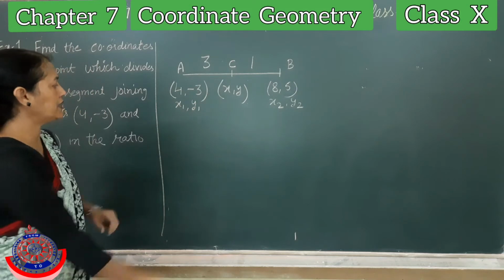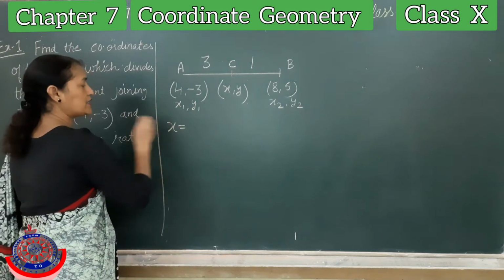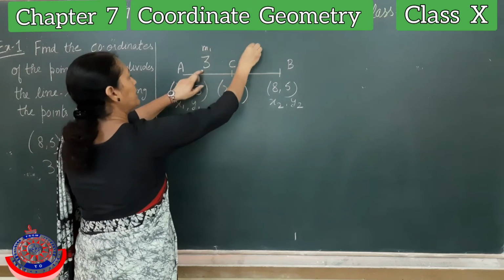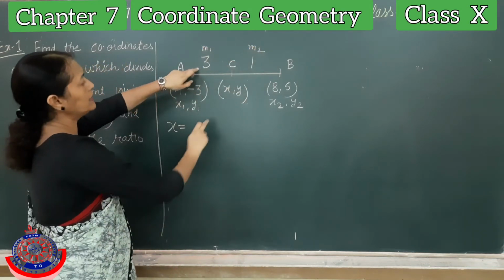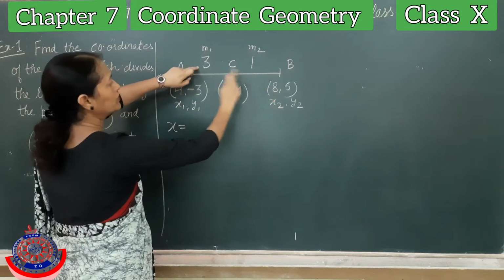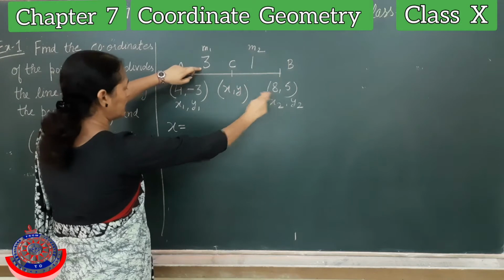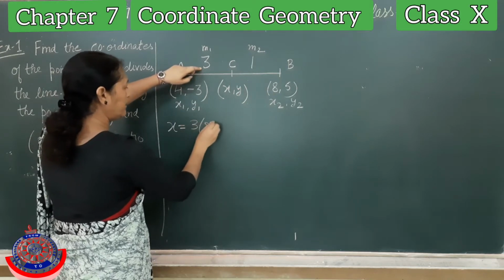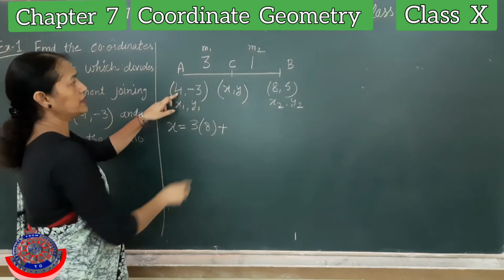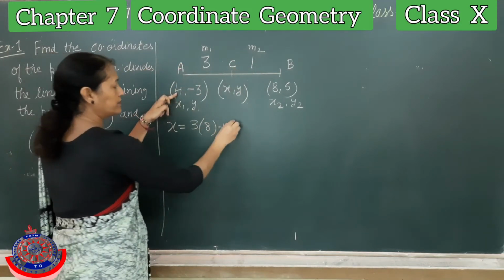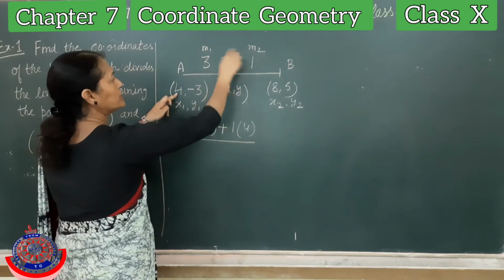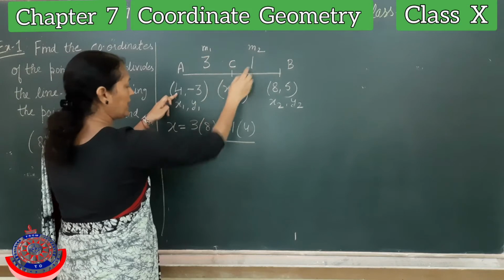So what we have learned: x is equal to, this will be m1, m2, m1 into x2, that means 3 into 8, plus m2 into x1, 1 into 4, upon the sum of the ratios m1 plus m2, that is 3 plus 1.